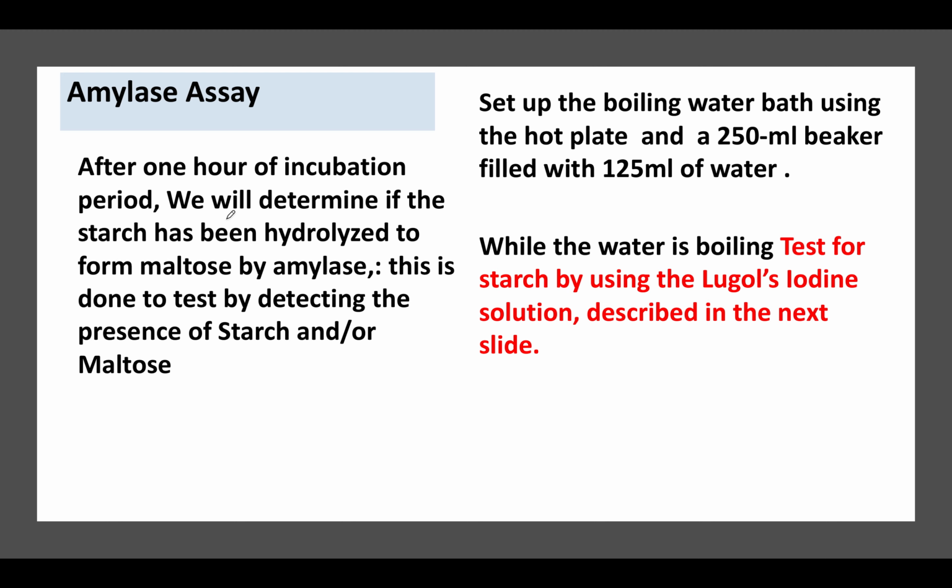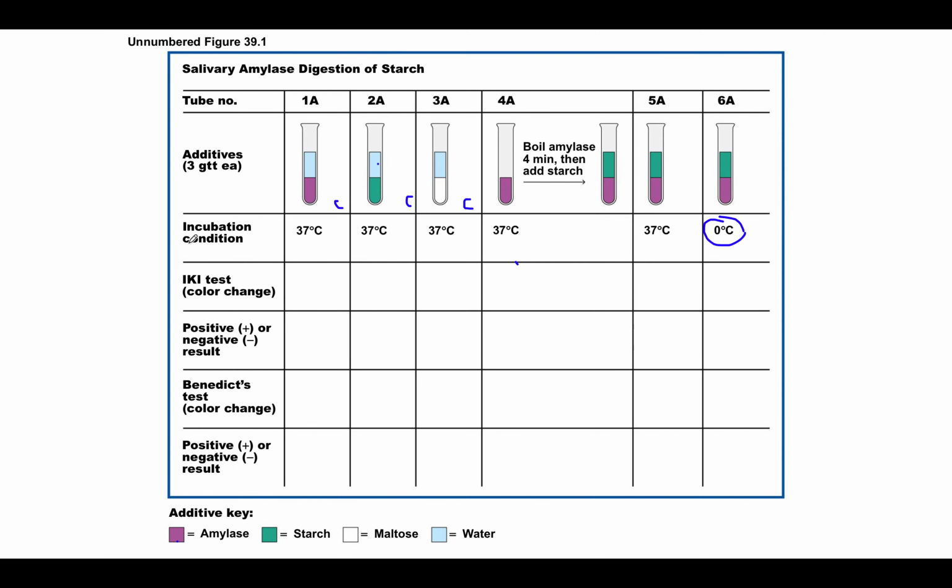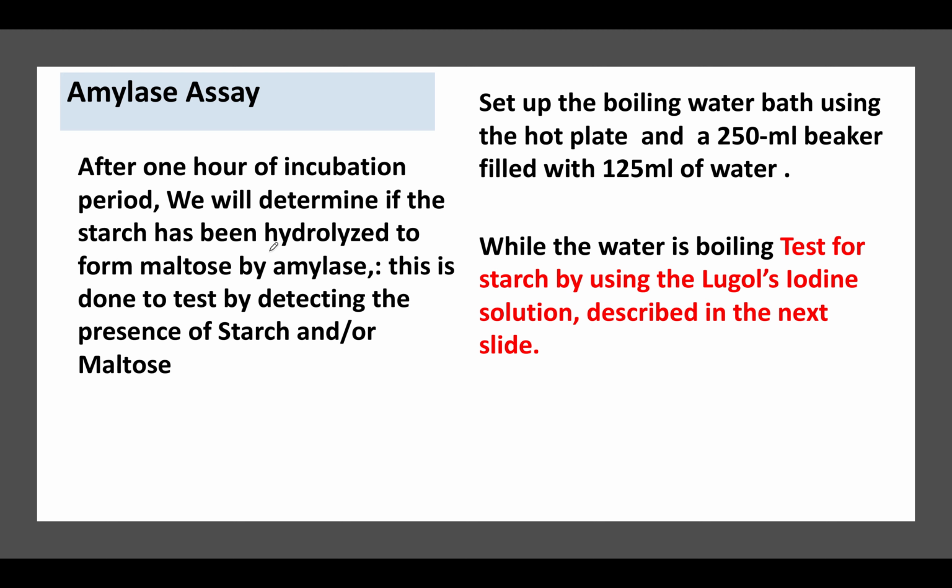After 1 hour of incubation, we are going to see if the starch has been hydrolyzed. Remember, I told you digestive enzymes hydrolyze, okay? Because we added water and we added the enzyme to facilitate the reaction.